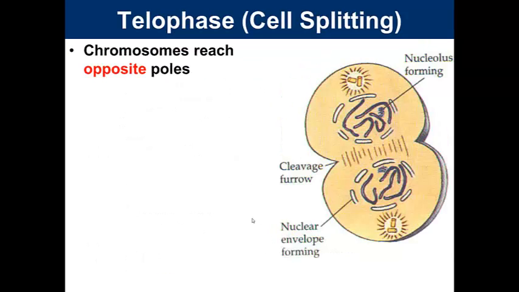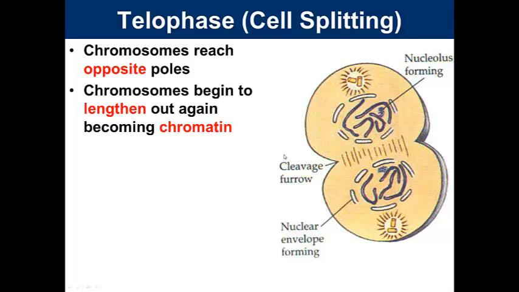The chromosomes reach opposite poles in telophase, so when they hit those opposite poles, it's the beginning of telophase, or cell splitting. Chromosomes begin to lengthen out again and become chromatin, so they're starting to get released from their histone organizational protein structure.